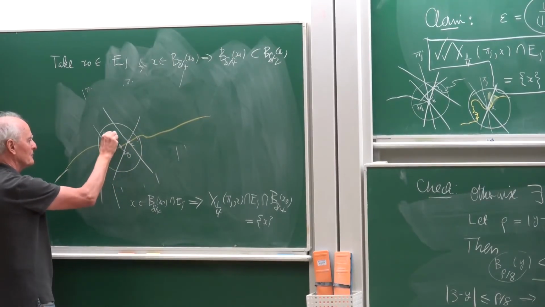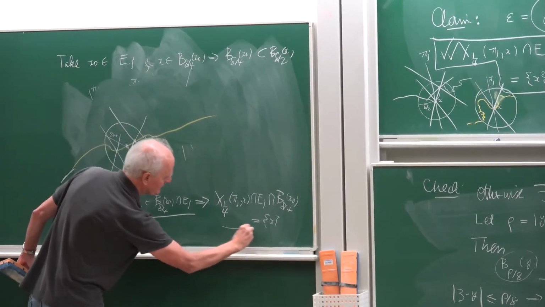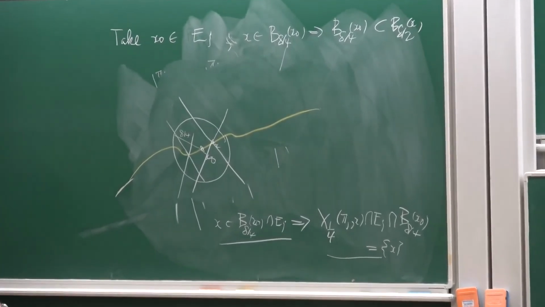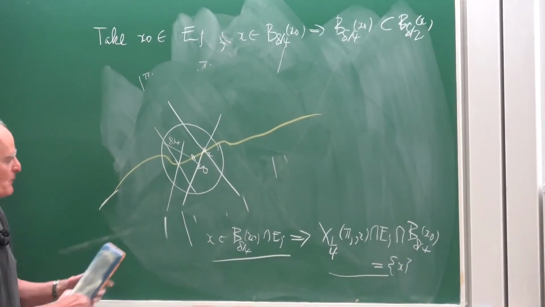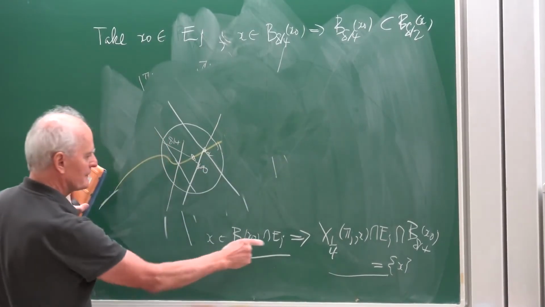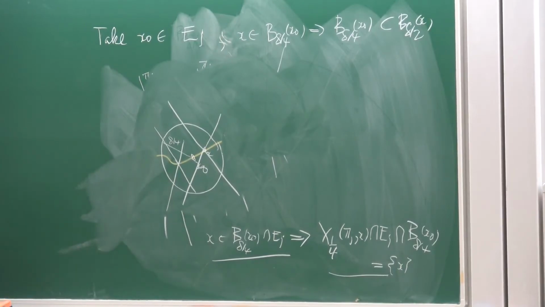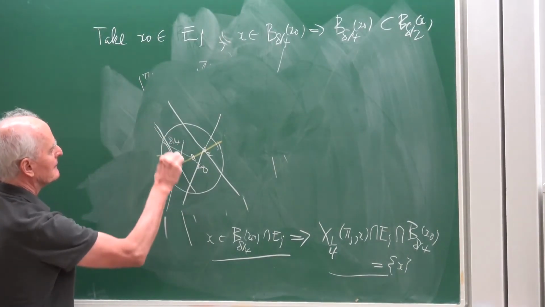So it does have a cone property. Now stare at that cone property. Remember, we're forgetting about the rest of the set now. We're only looking at the part of the set in the ball of radius delta over 4. That's now got a uniform cone property.